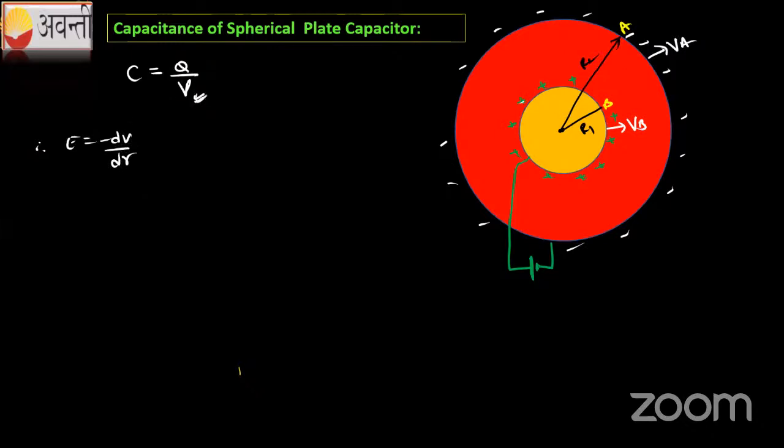Potential comes from here: in this direction we need to bring one positive charge, means we need to do work on this positive charge. Work done per unit charge is potential. For that reason, taking this to the left hand side, minus dV is equal to E dr, correct?